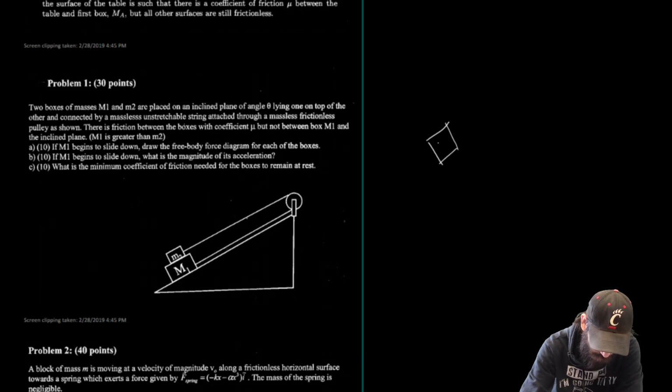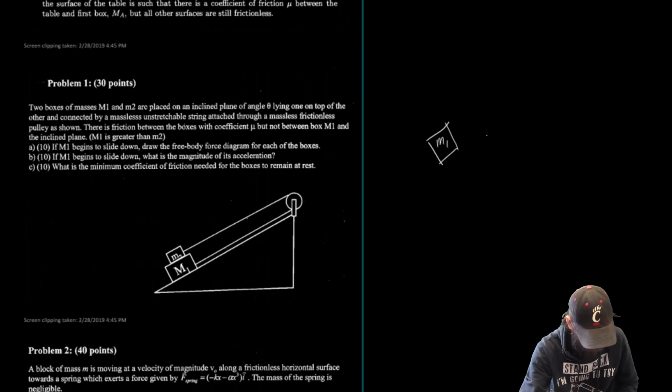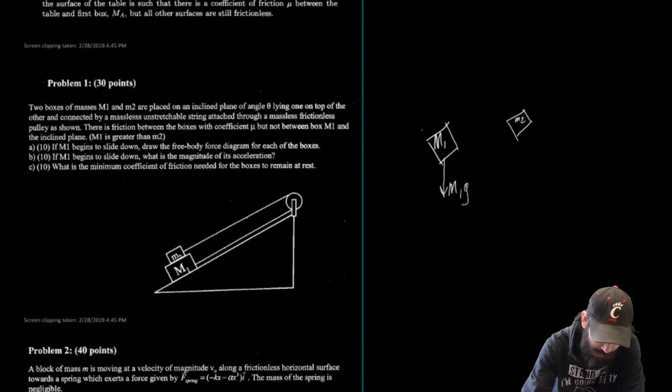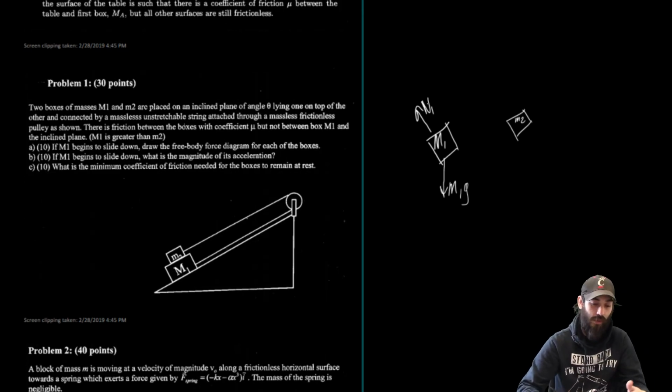So this is going to be mass M1. This is actually a capital M, so this is going to be capital M1. Then we have our mass M2. So mass M1 has the force of gravity acting down, so this is going to be M1g. We have some normal force, we'll call this N1, because this is the normal force from the inclined plane acting on M1.